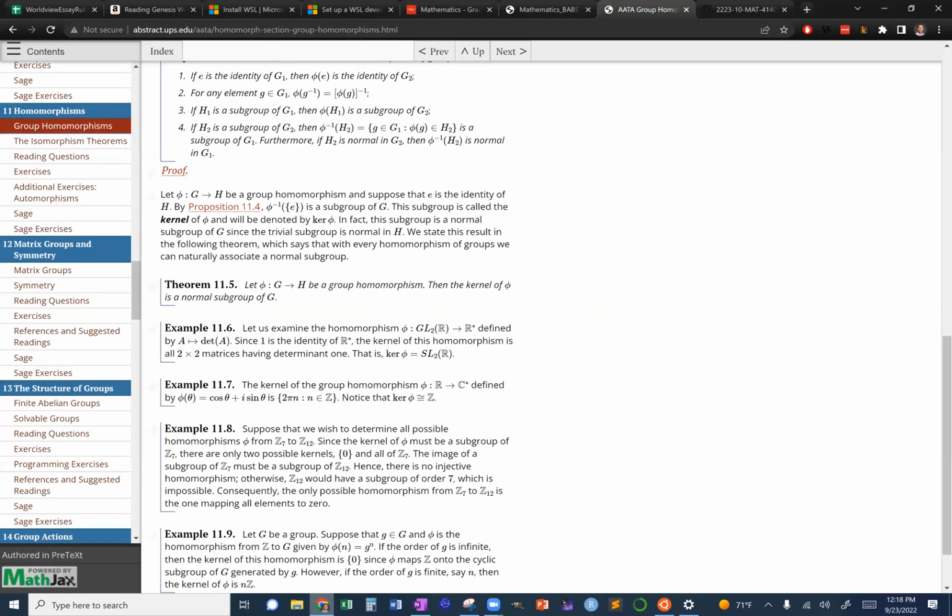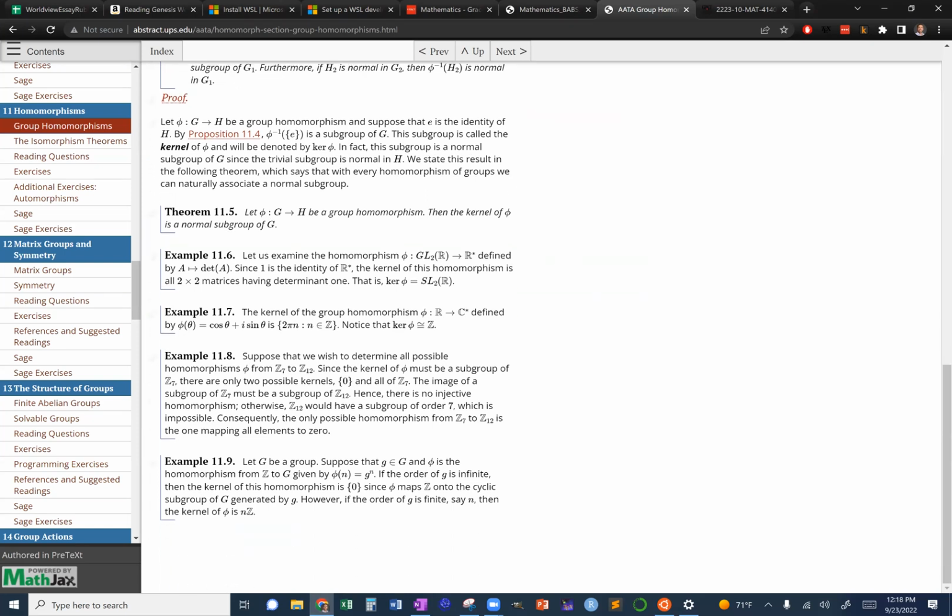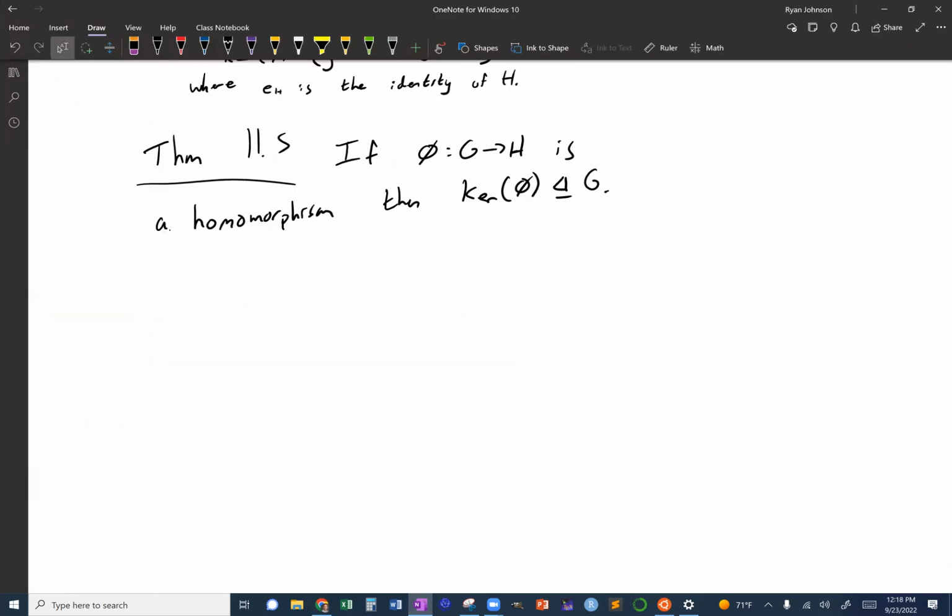Okay. How about some more examples? All right, they did that one. How about if I had a function from the integers to the integers mod 5, and it basically sends any a in the integers to a in Z5?